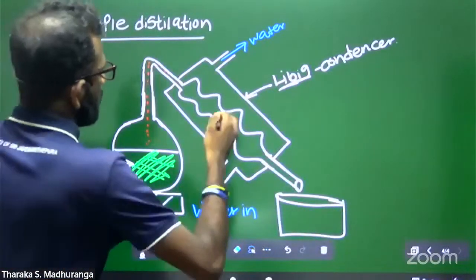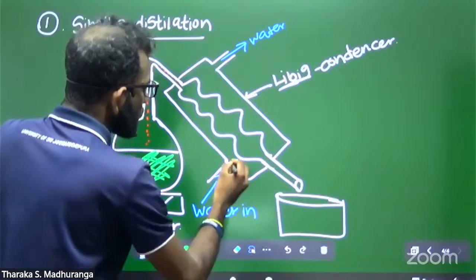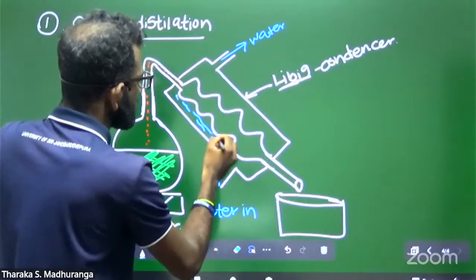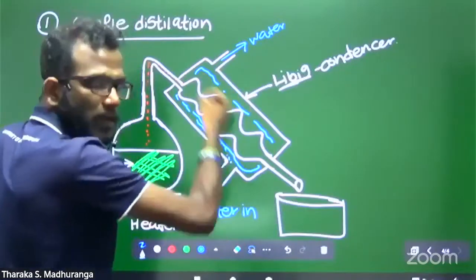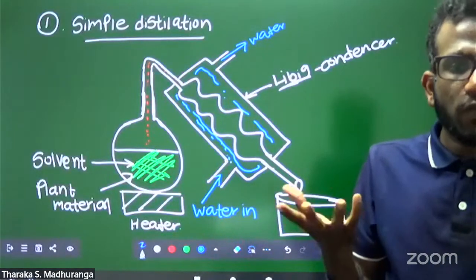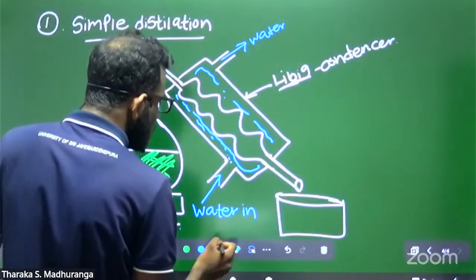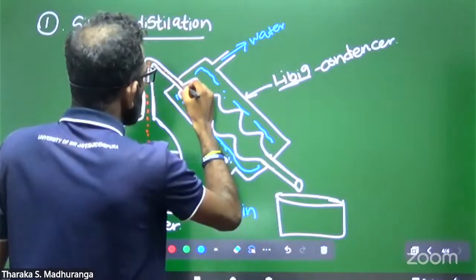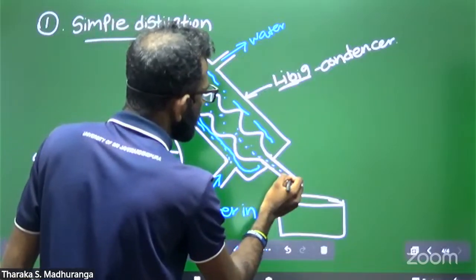Okay, then, the surface is filled with water. That's why the vapor in this condenser is quickly cooled and converted into liquid, condensation.